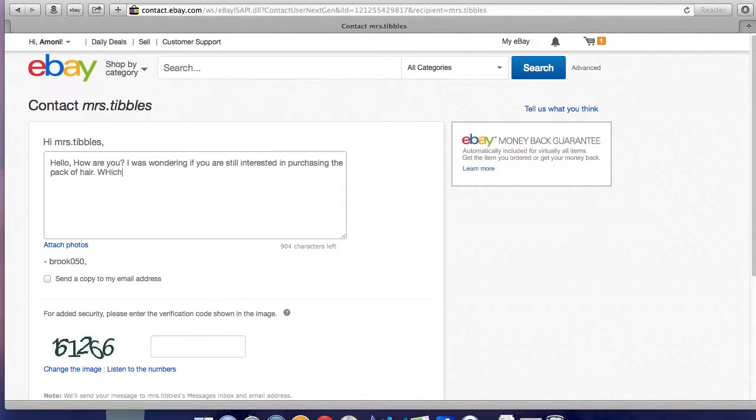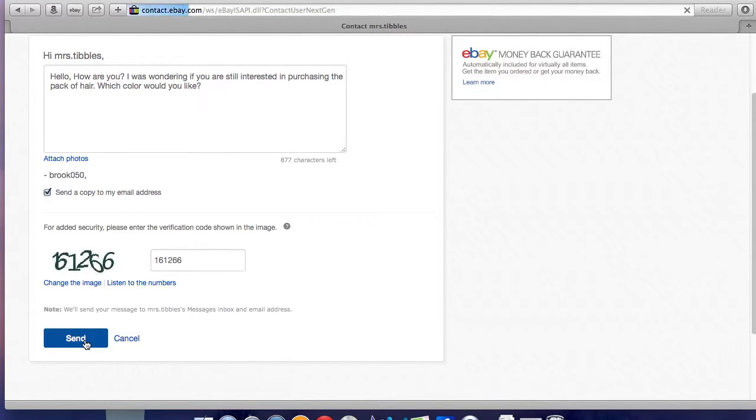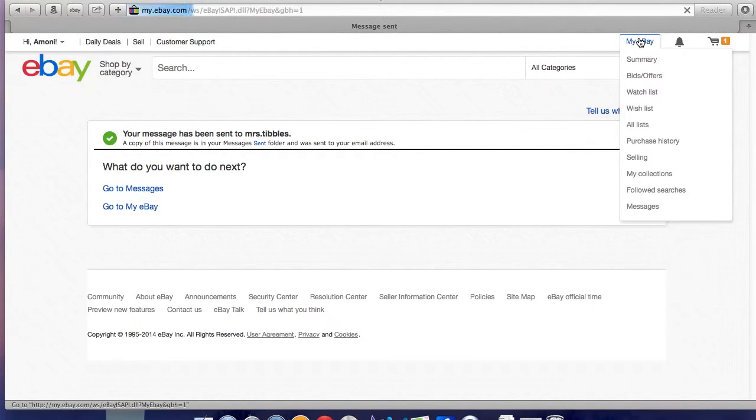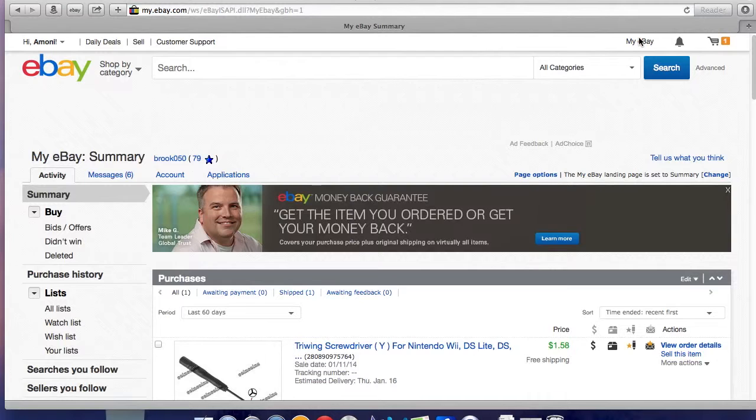She just signed on looking for hair, and she didn't care whether or not to cancel it. Sometimes you can do either the bidding or the straight buy. And the box with the numbers is just making sure that you're human and not spamming anyone, because usually people enter codes to automatically send messages.